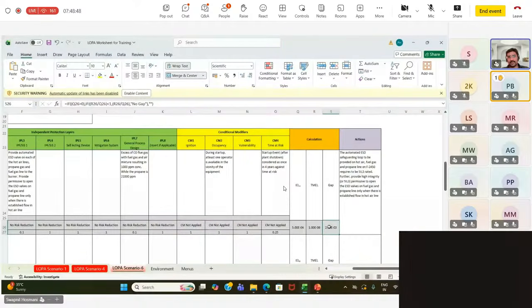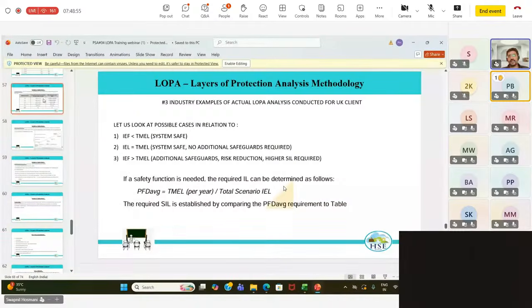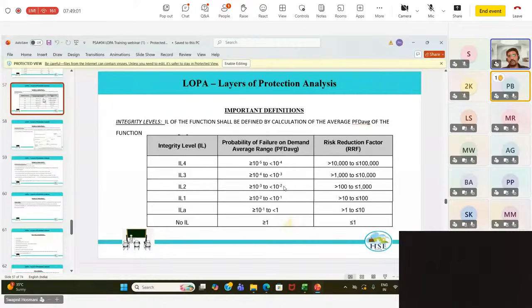Now this answer needs to be compared with the SIL table. So what was our answer? It is 2 into 10 raised to minus 3. Many a time people get confused looking at the PFD average because these values seem confusing, greater than, less than. To avoid that, simply find the risk reduction factor, which is 1 upon PFD average.